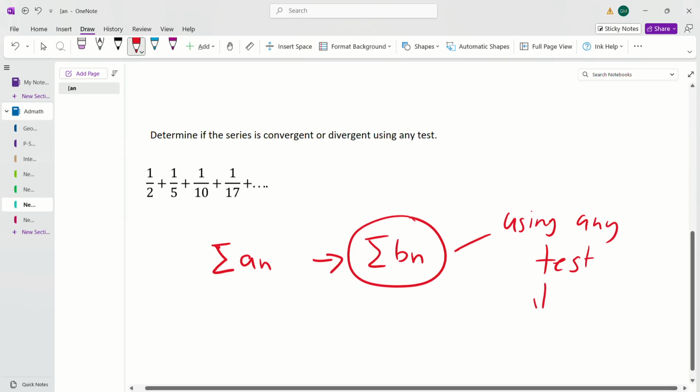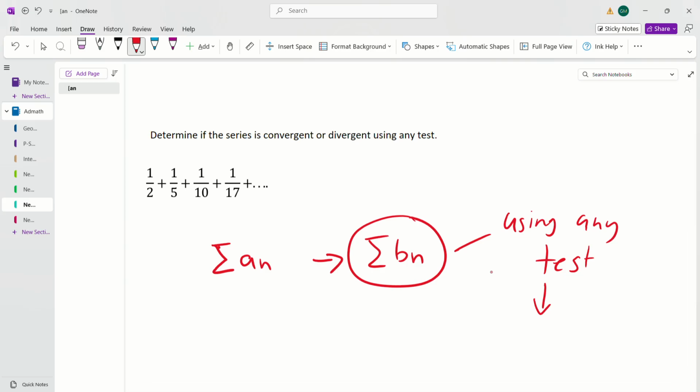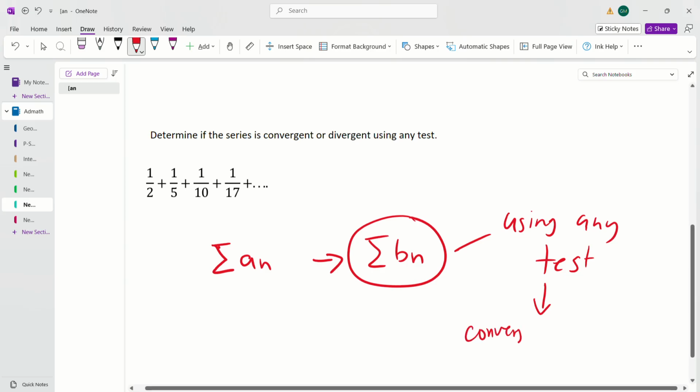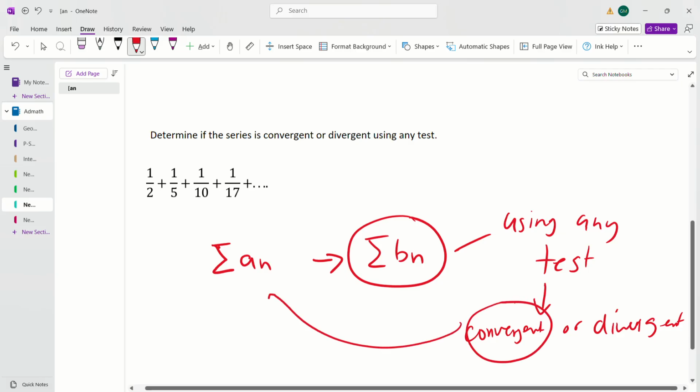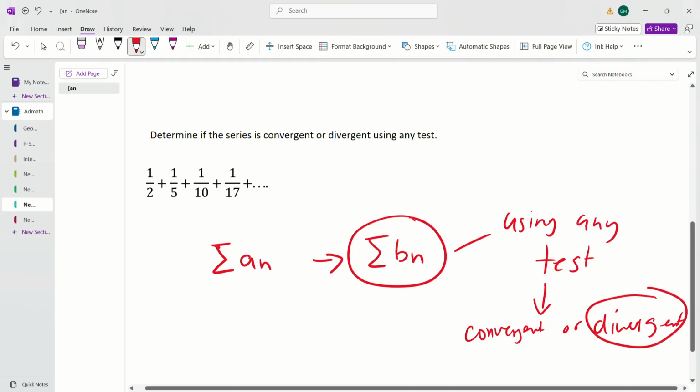After using a specific test, we can determine if it is convergent or divergent. Based on our answer, if the summation of b sub n is convergent, so does a sub n. If the summation of b sub n is divergent, so does our a sub n.